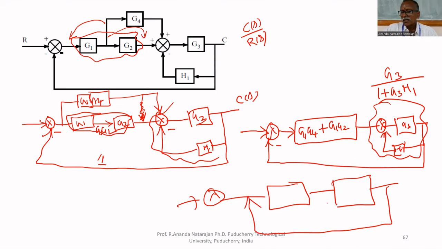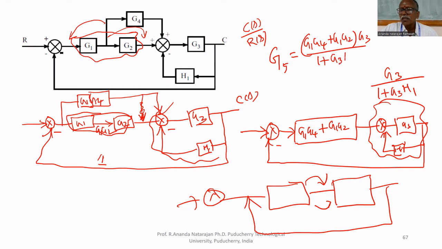Now, you can multiply these two together. Let us call them G5. G5 equals G1 G4 plus G1 G2 multiplied by G3 upon 1 plus G3 H1.